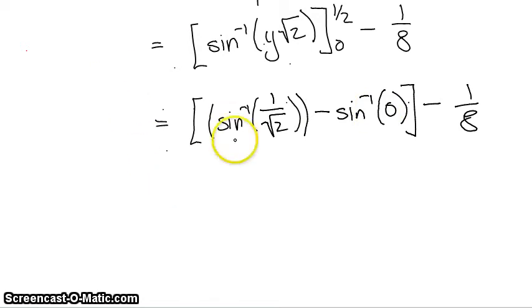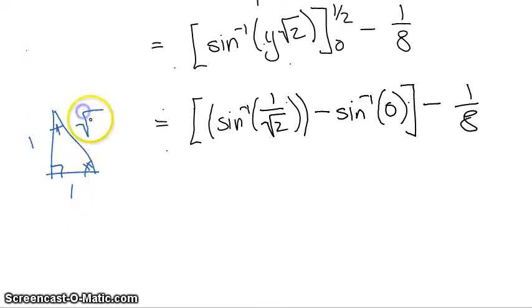What is the triangle that gives you 1 over root 2? Well, we know our triangles. You can do this on the calculator as well, but they wanted an exact answer. We have a 1, 1, root 2 triangle, right? So that means that this is 45 degrees, if you still think of it like that, or what we call it now, pi upon 4 radians.